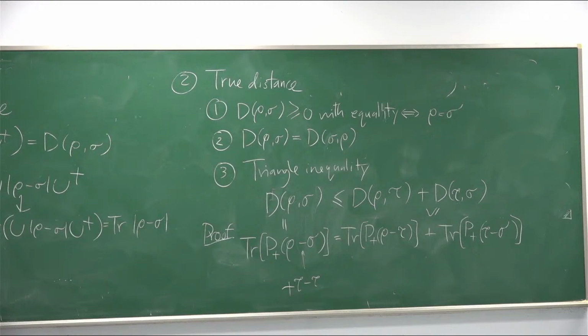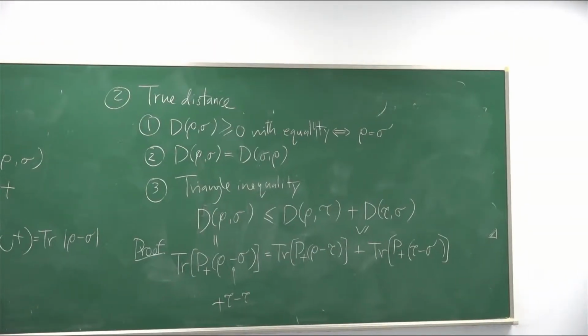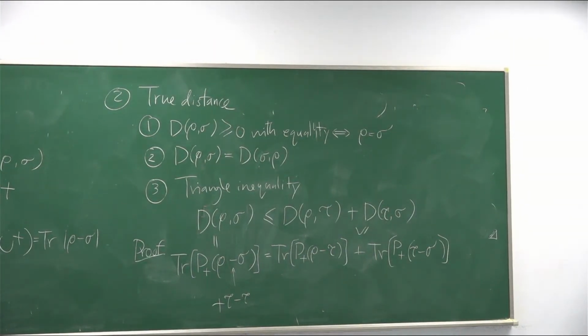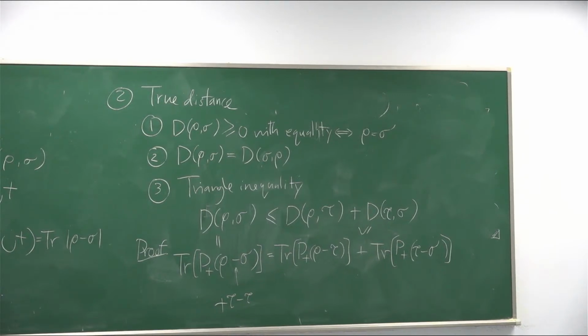Property 4 is another statement of the theorem that we proved: that this is the max TVD between two probability distributions, maximizing over the POVM. So maximize over the measurements.